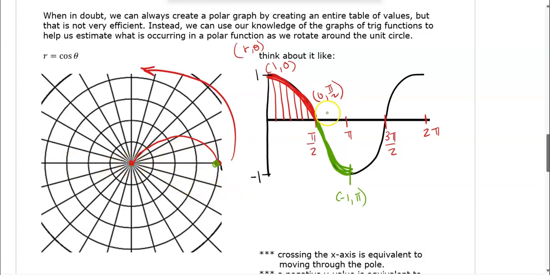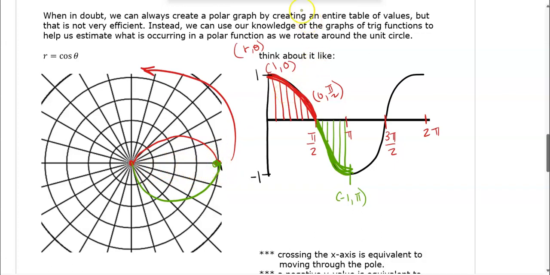And as I look right here, my r, as I'm going from pi over 2 to pi, is getting larger, right? My larger r values are further and further out. So as I get larger in my angle measure, my r value is getting further and further away from the pole.